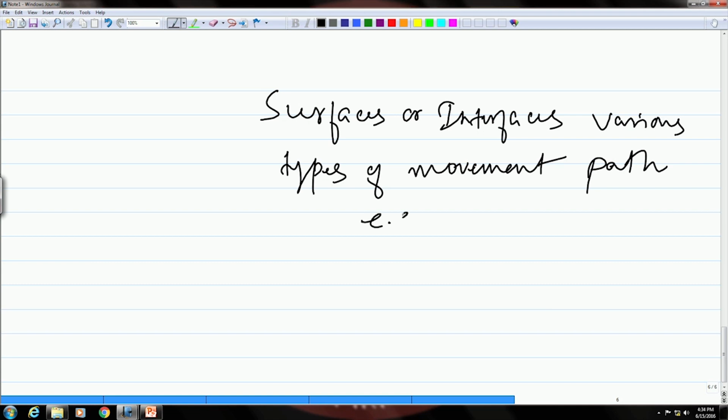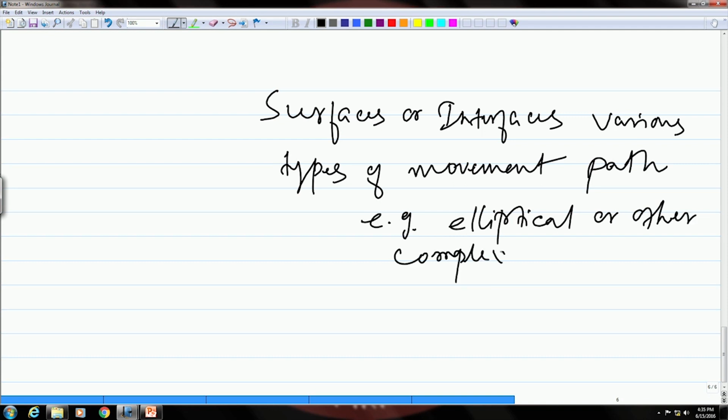For example, you could have elliptical or other complex kind of paths in the movement of the particles as the sound moves through the medium. So, this kind of elliptical or other complex vibration which are generated on the surface are known as surface or Rayleigh waves.